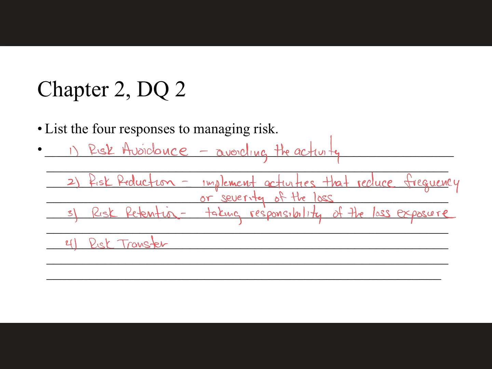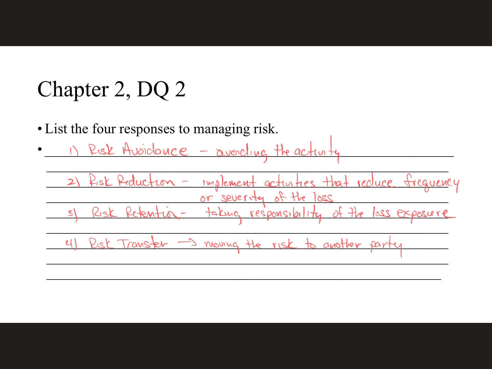Okay, and this is basically removing the risk to another party. And if you think about the basic concept, let's just use life insurance as an example. The risk to an individual is dying before you have sufficient financial assets to cover all of your future expenses. And therefore, when you buy life insurance, that risk of not being able to pay for all of those future expenses can be moved to an insurance company.